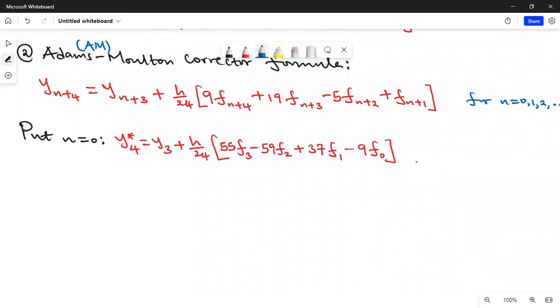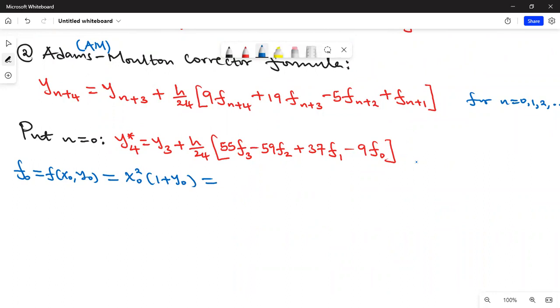So let's find f0. It is equal to f of x0, y0. Look at our definition of f of x, y. It is x squared times 1 plus y. So where there is x, I'm going to put x0, and where there is y, I'm going to put y0. So this will be x0 squared into 1 plus y0.